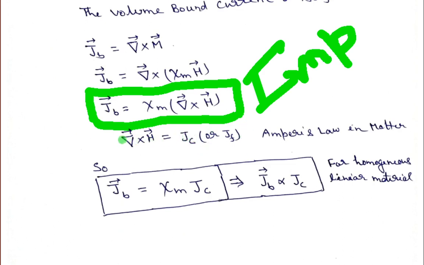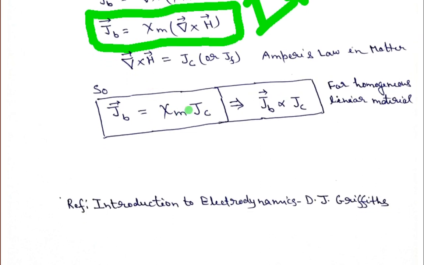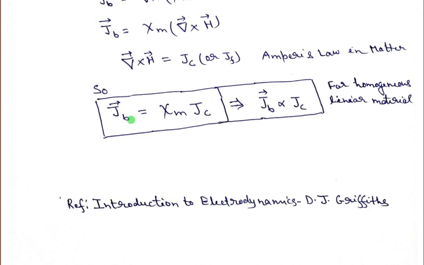So if we substitute the value of del cross H in the volume bound current density, JB vector can be written as chi m into JC, that is, chi m times the conduction current. That means the volume bound current density is directly proportional to the conduction current or free current for any homogeneous linear material.